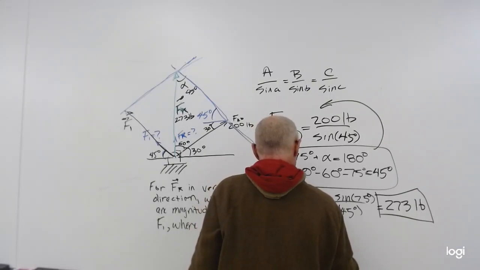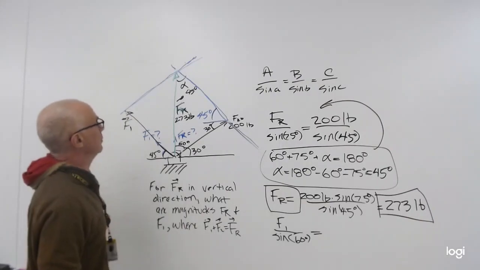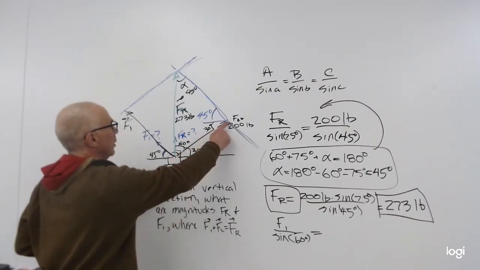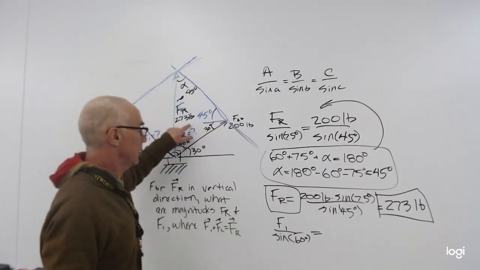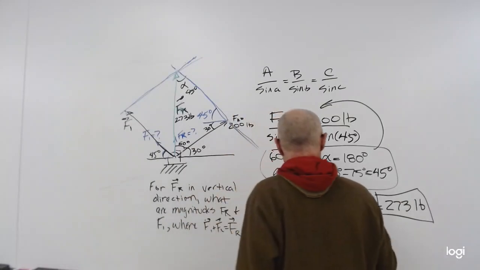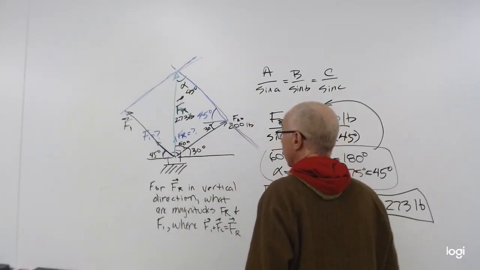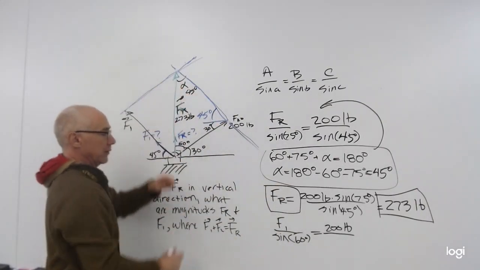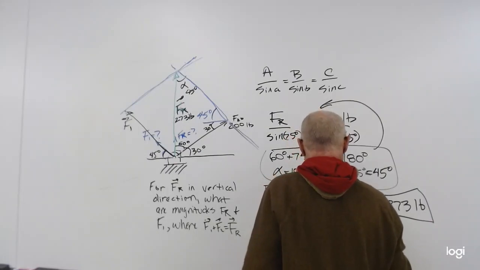We have sine of 60 equals, and now we can pick and choose which one we want. I'll use this one, which is 200, because it's an exact quantity, whereas this is known only to 3 significant digits. We're going to have 200 pounds over sine of 45, the opposing angle.